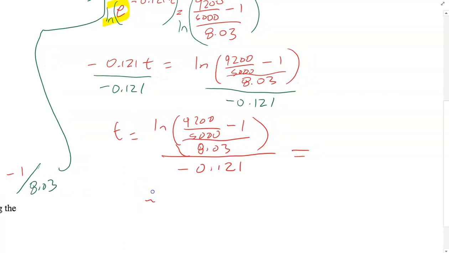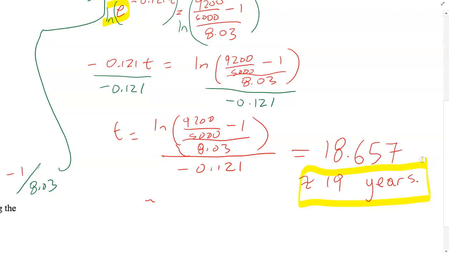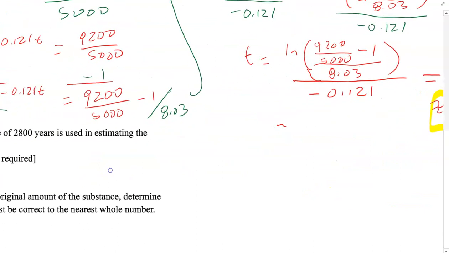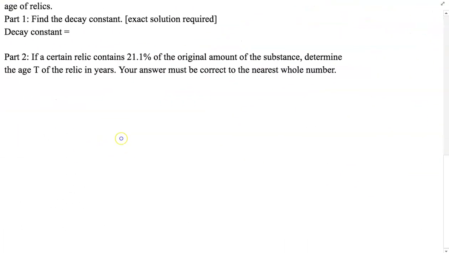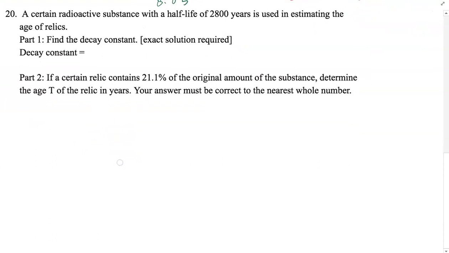We get that our t would be about 18.657 years. We can round that to 19 if we want, or we can just leave it as 18.657 years if it doesn't ask us to round. Okay, so that's what our answer would be. That's the number of years it will take for the GDP to reach 5,000 billion.